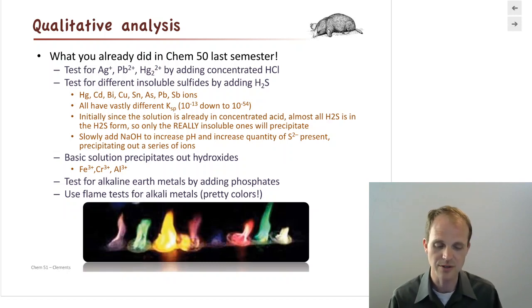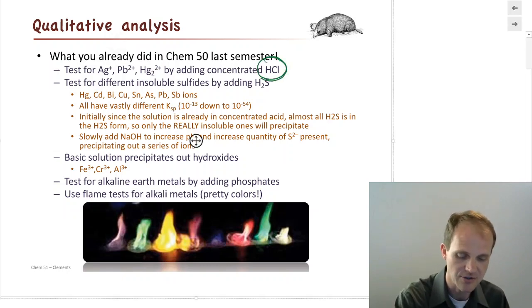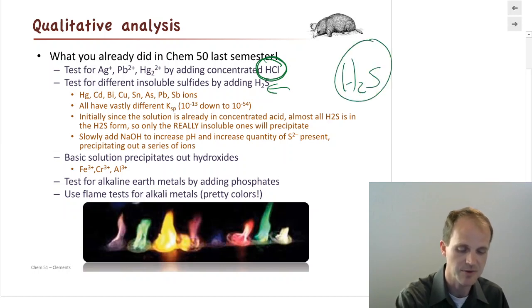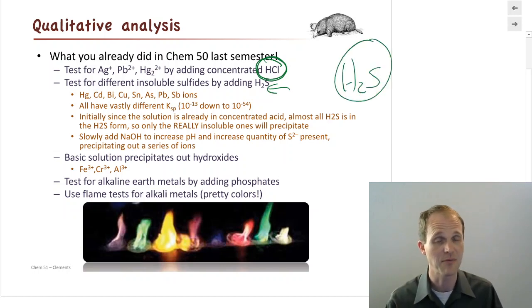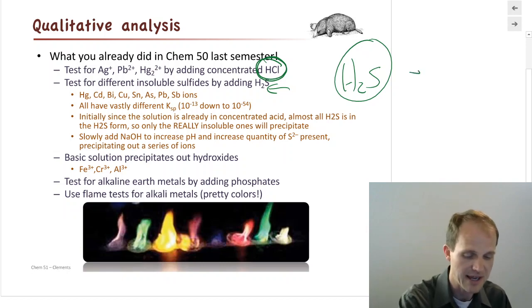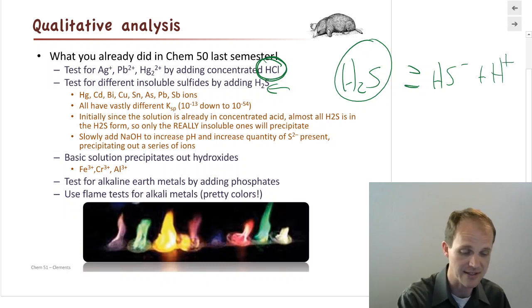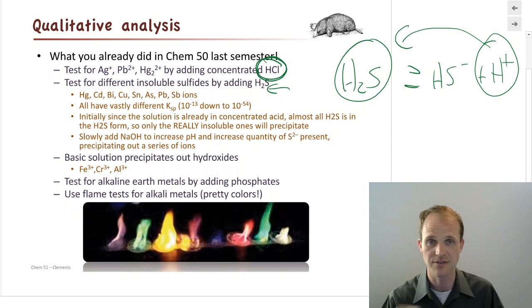And so what you do, you've already added a bunch of concentrated HCl. So when you add hydrogen sulfide, Le Chatelier's principle says, since I've got a lot of free hydrogen ions in there, my H2S is going to primarily exist as H2S, because I've got so much of this in there that this equilibrium is going to shift all the way over.